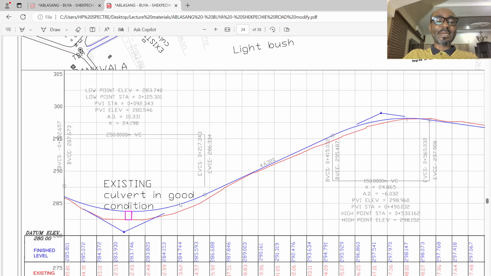Then the designer did his design for the road. Now at this portion it shows that you're going to fill, because this is the ground level, and the formation level above this, you're going to fill. Then you are filling all through. Then at this point, it's gradually almost coming to the same level, but it's not much.